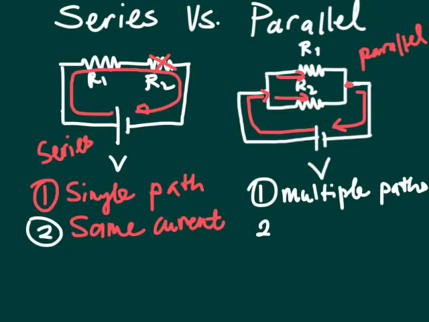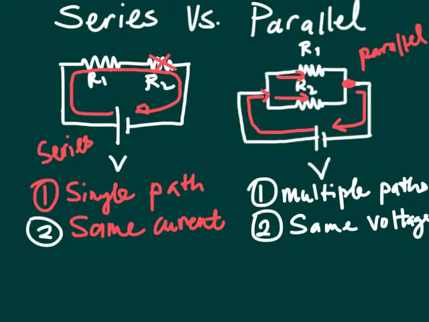The second characteristic is the fact that the potential difference is the same. So same voltage. And let's look at how the two right ends of R1 and R2 are connected.